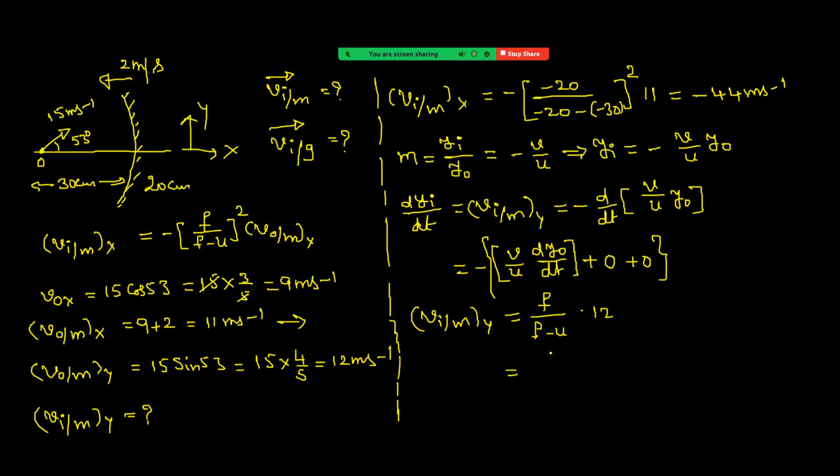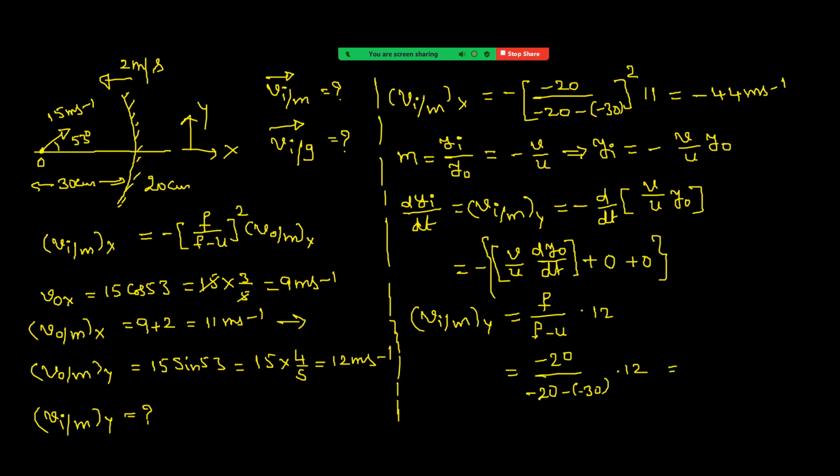Now see what we get here. It is f value, how much? It is minus 20, minus 20, minus u value. How much did we get for u value? Minus 30, minus 30, into 12. Then see what we get here.